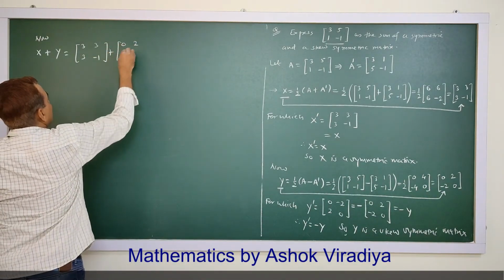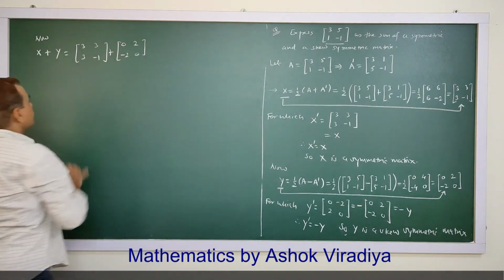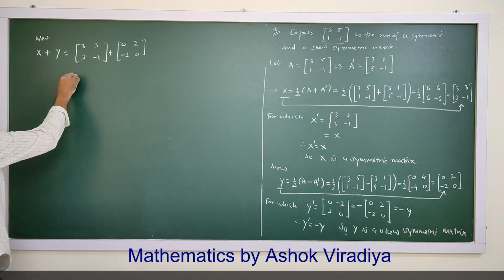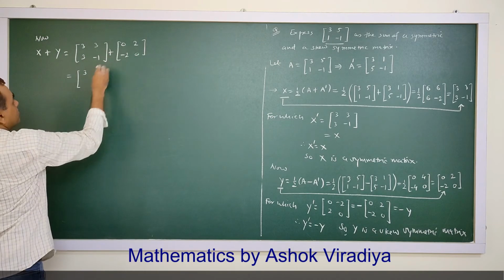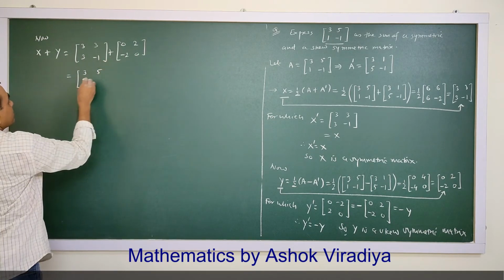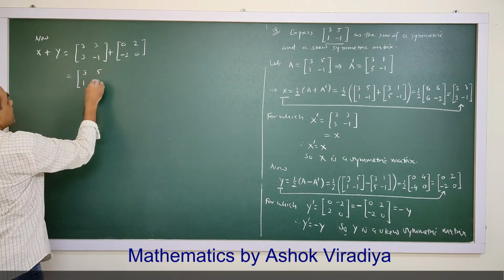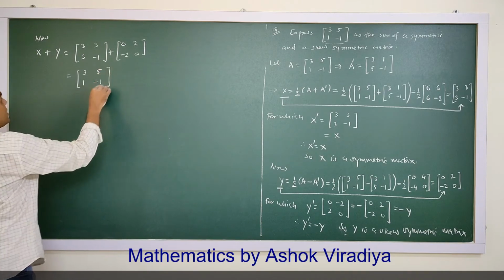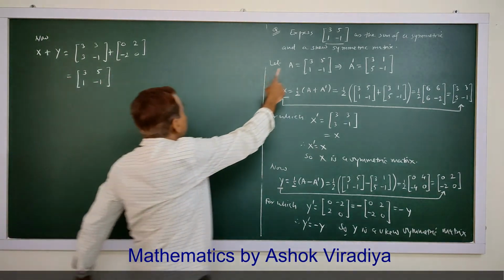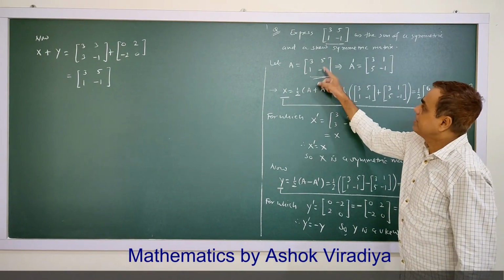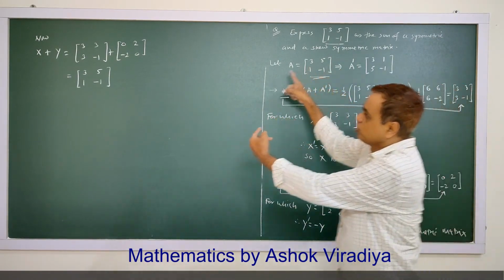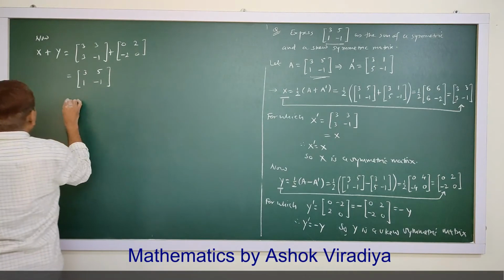Adding these matrices: 3 plus 0 is 3, 3 plus 2 is 5, 3 plus minus 2 is 1, minus 1 plus 0 is minus 1, and this is the given matrix A. See, A is obtained.